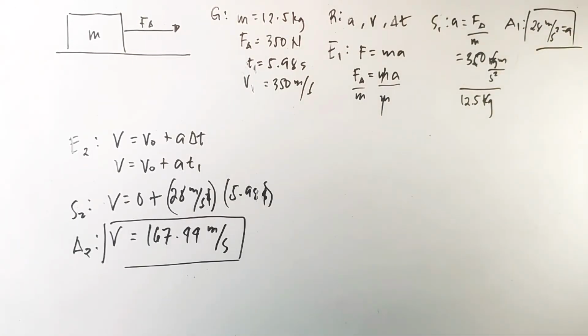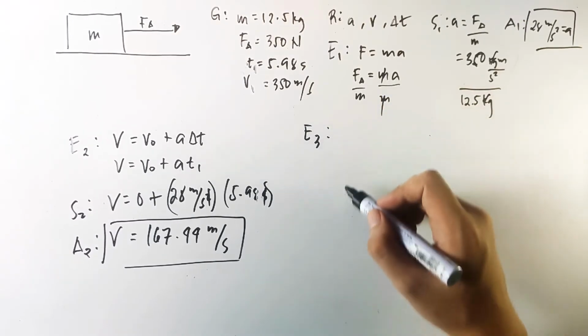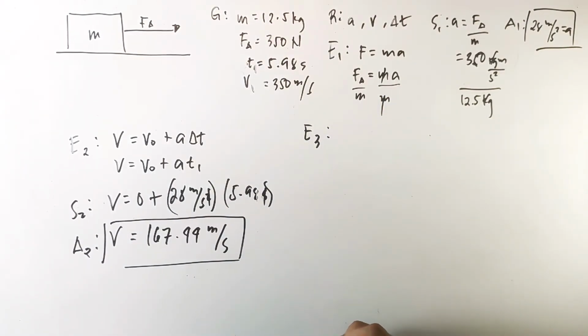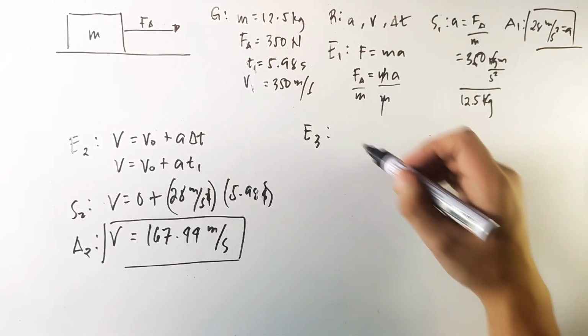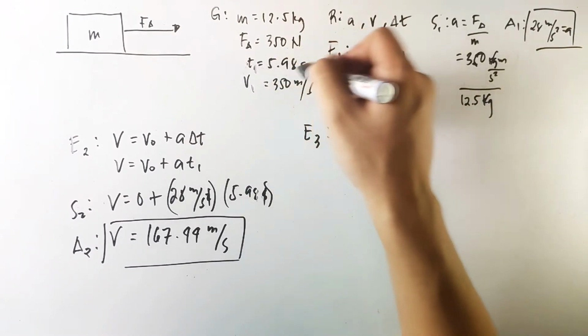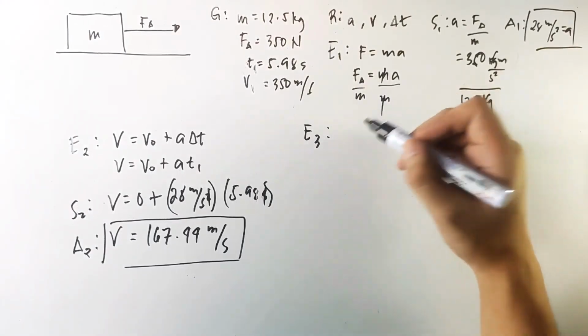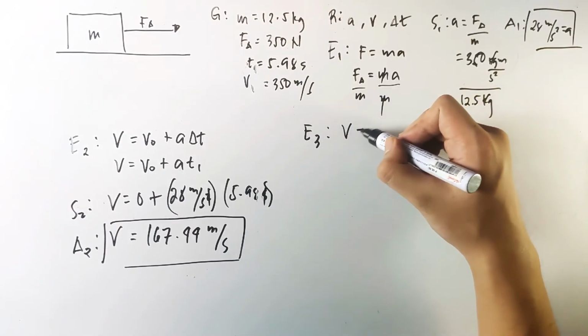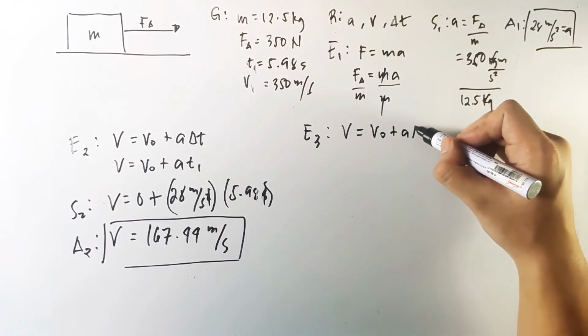Then for the last one, our third equation, according to the problem, we're looking for the time to reach the speed of 350 meters per second. We're going to skip the time in this one. It's the same equation, v equals v sub 0 plus a delta t.